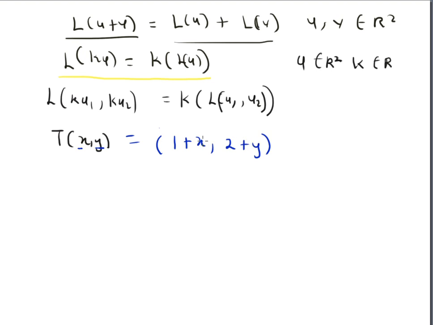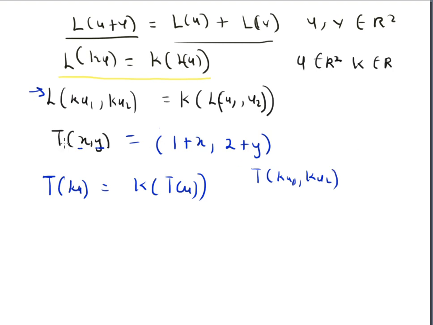Now we are using this method. So let's write it in terms of T. Let's use T(KU), which should be equal to K T(U) for the transformation to be linear. So you just continue. Because of time, I'm skipping that part. So this is actually equal to T(KU1, KU2).